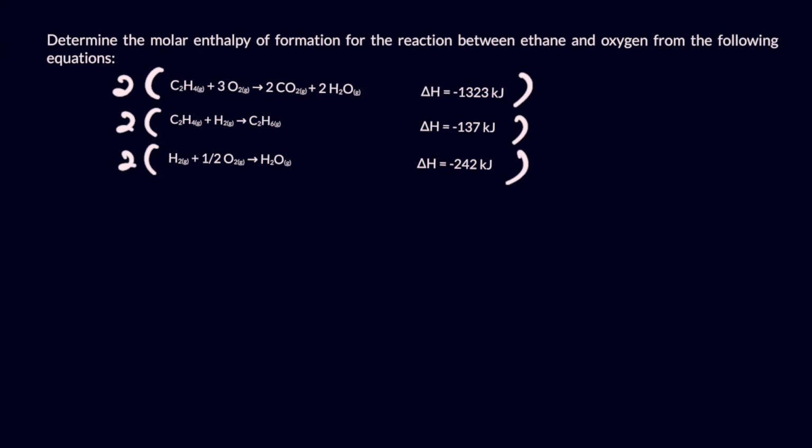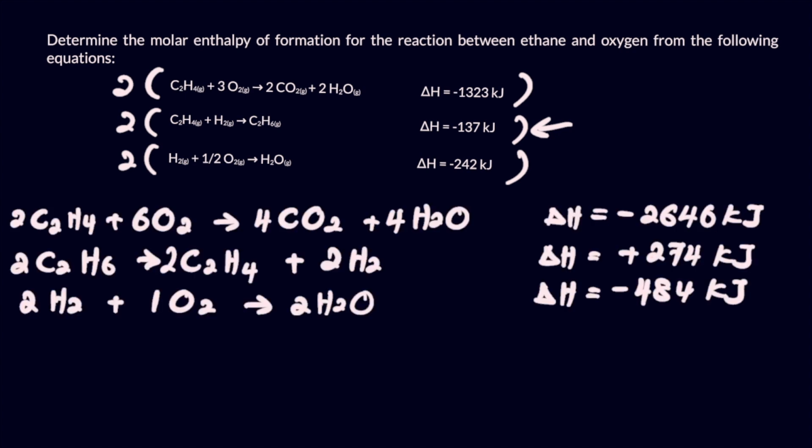So the next step is you need to flip over equation number 2, whereby the reactant should be at the product and the product should be shifted to the reactant. So at the end, you will get the equation as such. The identical elements that we can slash out. For example, here we have 2H2 at the reactant and we do have 2H2 at the product.